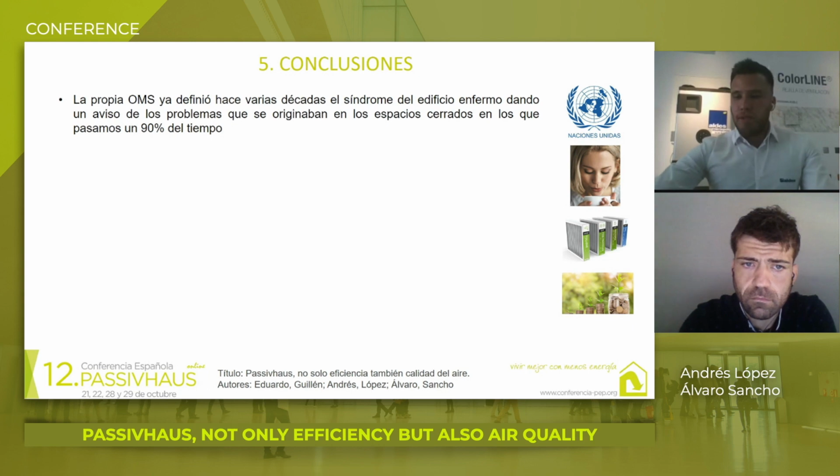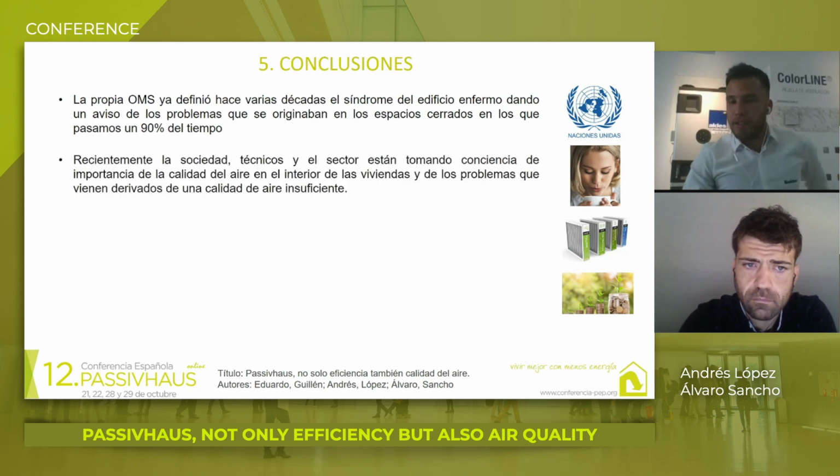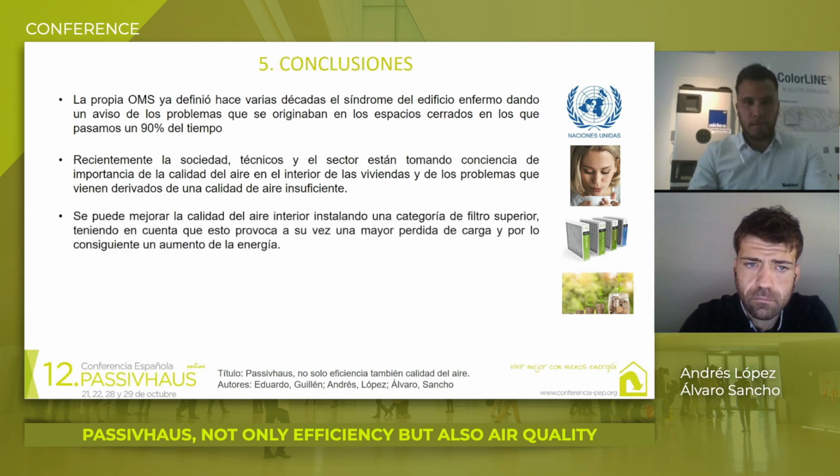So, as a final conclusion, the WHO explains the main problems associated with poor air quality in indoor spaces, closed spaces where we spend most time, and particularly important in the current context. It's true that the sector has to be more aware of indoor air quality, and adapt nomenclature to new standards.